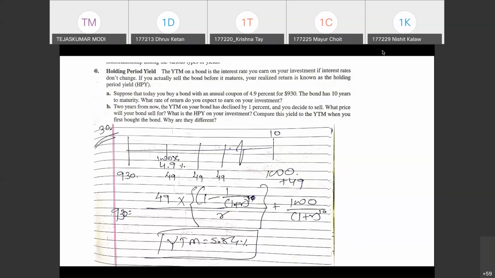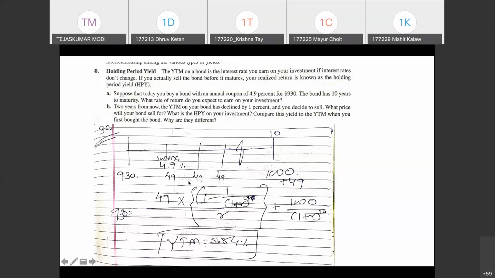HPY is basically the yield I have generated by holding this investment for whatever period is given. Because I am selling this after 2 years, at time zero I am purchasing, and after 2 years I am selling. So I have held this bond for 2 years. What is the income I have generated for holding this bond for 2 years? That is the first question, right?